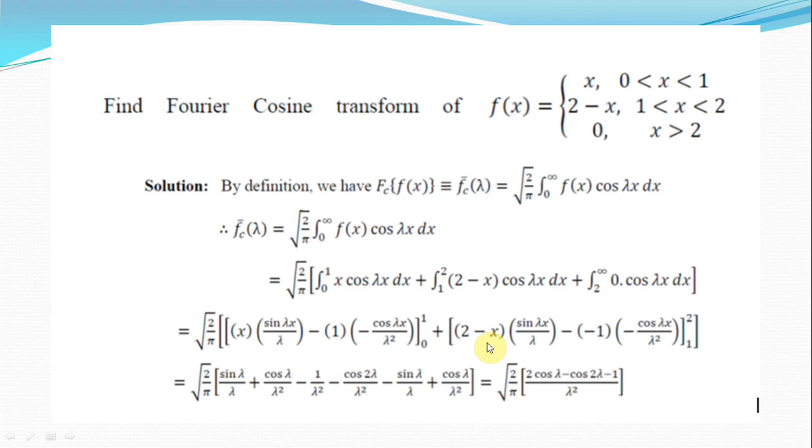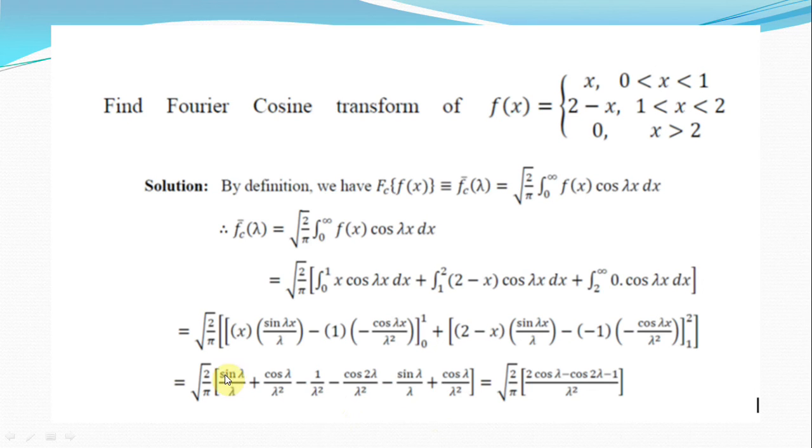So 1 into sin lambda into 1 divided by lambda, and that is equal to sin lambda with a negative sign. Actually, this takes the negative sign, but we have one more negative of the lower limit, so when I replace this, I should have this positive sign. So plus cos lambda into 1, which is equal to cos lambda divided by lambda square.